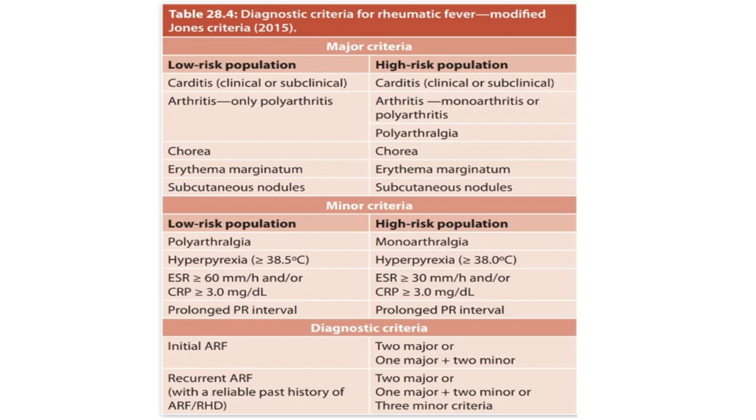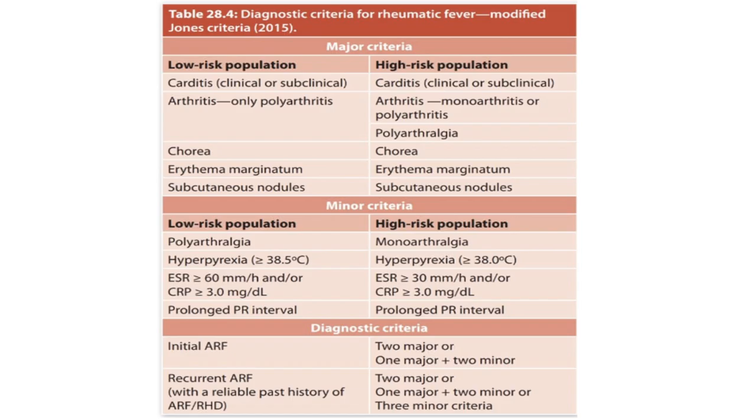In low risk, hyperpyrexia, and in high risk the same. ESR greater than 60 mm per hour in low risk and greater than 30 mm per hour in high risk. CRP greater than 3 milligram per deciliter in both. Prolonged PR interval is the same in both.